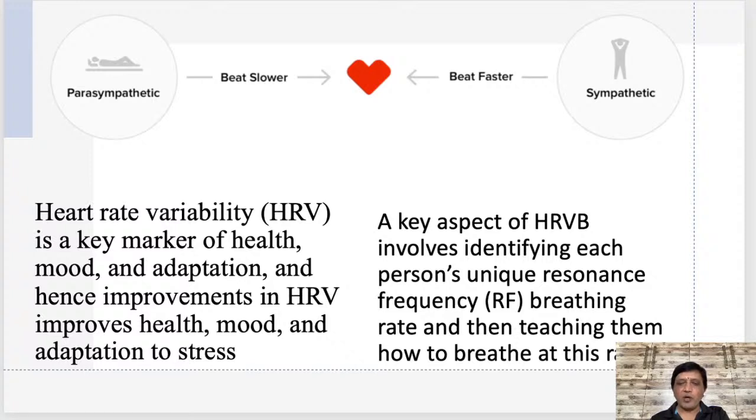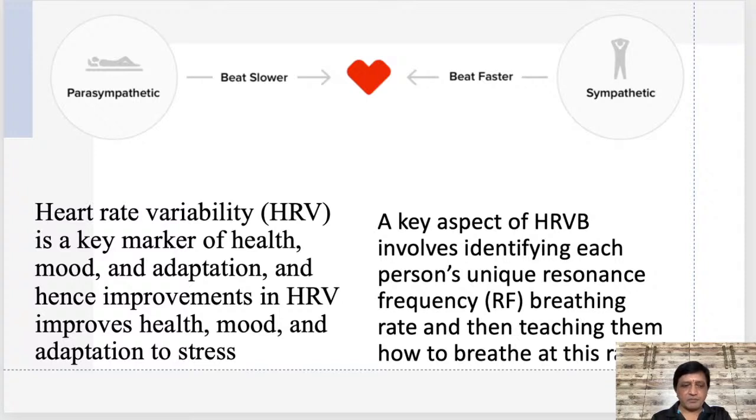In the sense, we breathe about 15 times per minute. So if we can breathe at 6 cycles per minute, that would greatly help. Not only that, if you can extend the exhalation a little more than the inhalation, that has further benefit for the heart.